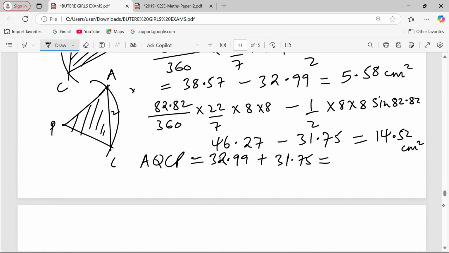When we add the 2 triangles, that's 32.99 plus 31.75. This will give us 64.74 square centimeters.